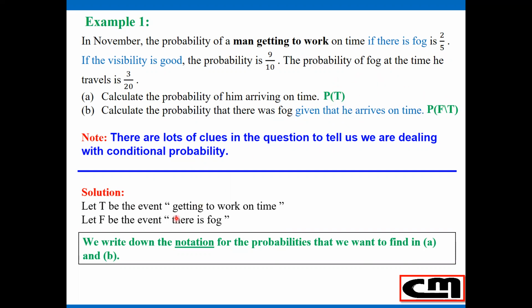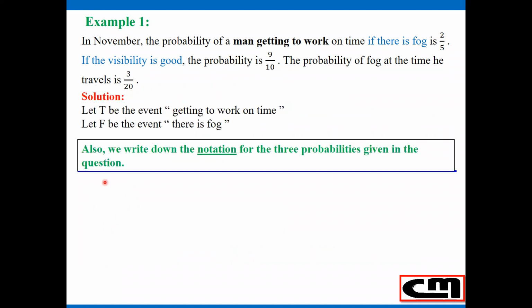Then as our third step, you need again to interpret what is written in words in the problem itself. We are given this probability, and that probability. Let us write those probabilities in terms of T and F. That is to say, we write down the notation for the three probabilities given in the question, right?